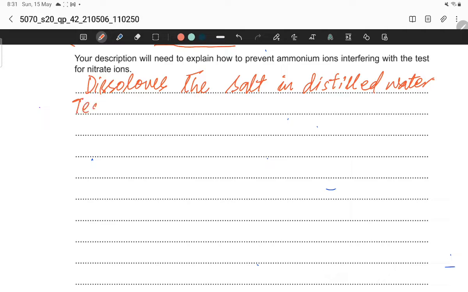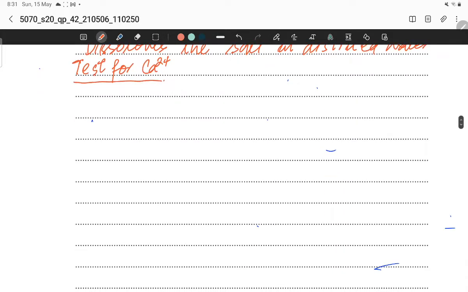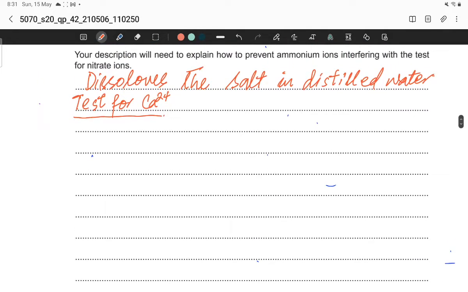Test for calcium ion: add aqueous sodium hydroxide and warm.